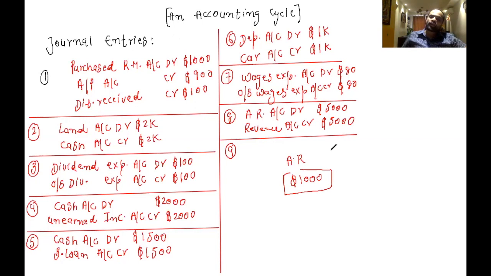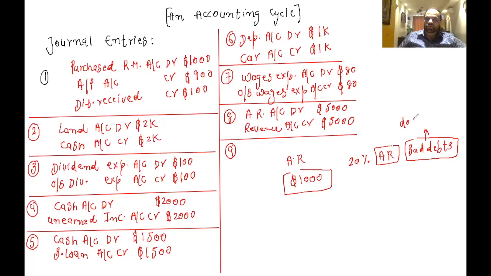So account receivable were $1,000. Now, if I say 20% account receivable bad debts, what does it mean? 20% account receivable bad debts means 20% of account receivable do not pay, all right?